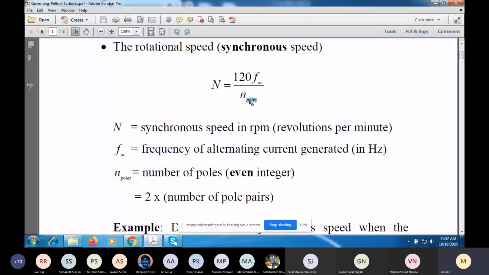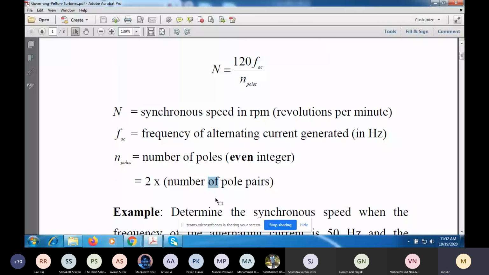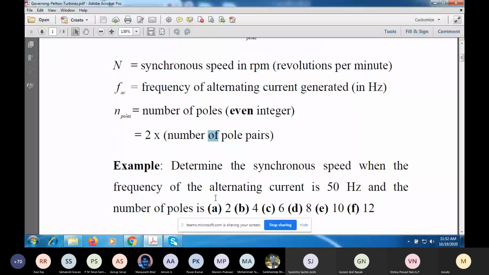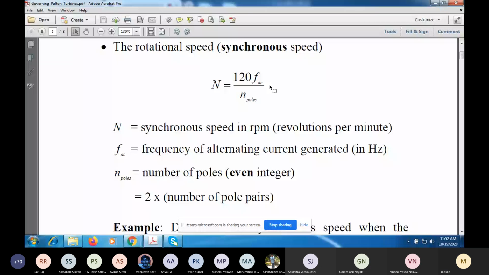Now, as you know, in our country, the frequency is 50 hertz. And you don't want to change it because then electrical appliances, electronic appliances, they'll all get damaged. So if you want to maintain this frequency at 50 hertz, then what will be the rotor speed?